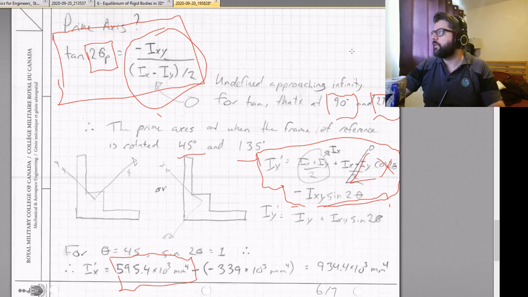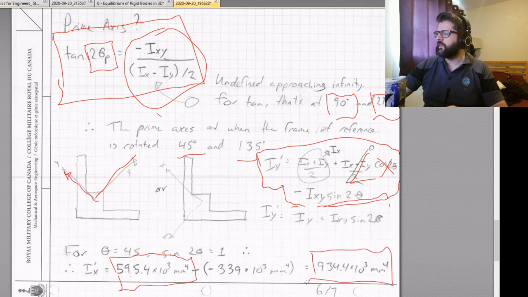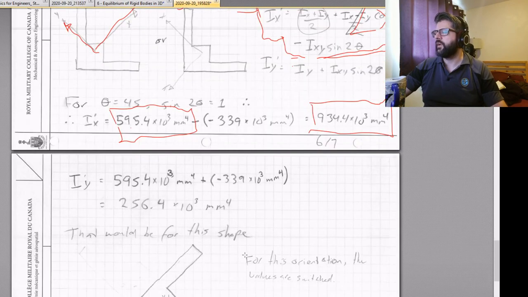So anyway, back to where we were. Our Ix' for that situation is just what we had initially minus the Ixy, which in this instance is a negative value. So Ix increases when we rotate our frame of reference, giving a value of 934.4 times 10 to the 3 millimeters to the 4th. Sorry, not cubed, to the 4th.